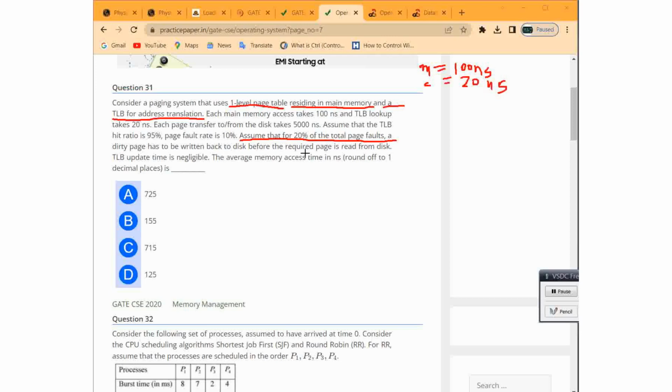Before the required page is read from disk, the TLB update time is negligible. Average memory access time in nanoseconds, rounded off to 1 decimal place, is?